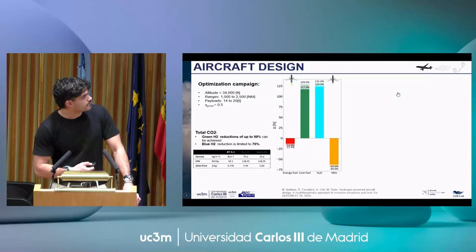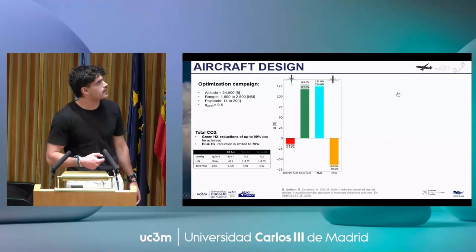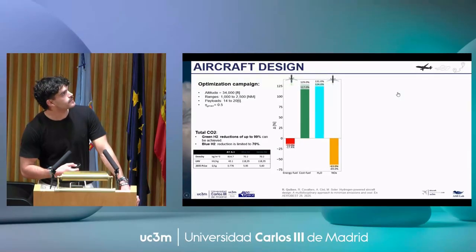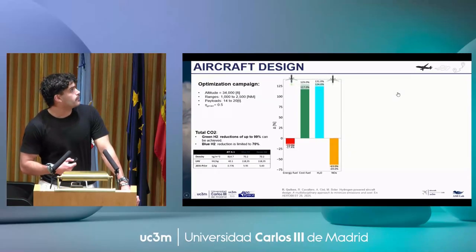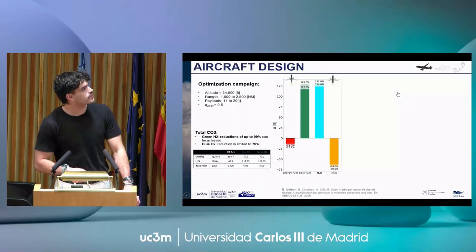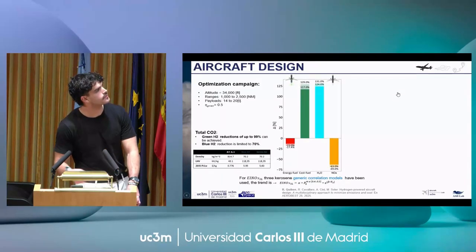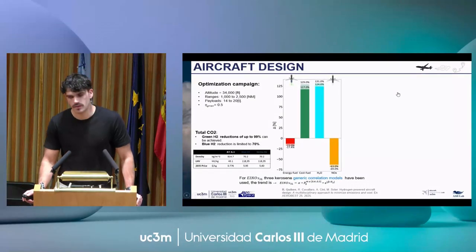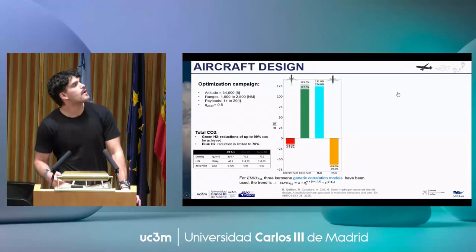Also, going into numbers, if we compare the fuel consumption in energy terms for a fair comparison, meaning that we multiply by the lower heating value of each of the fuels, we can see that we can achieve around a 15% reduction, though the fuel cost more than doubles due to the high cost of hydrogen. We also have a huge increase in water vapor and a reduction in NOx, following this method that takes into account internal conditions in the turbofan.